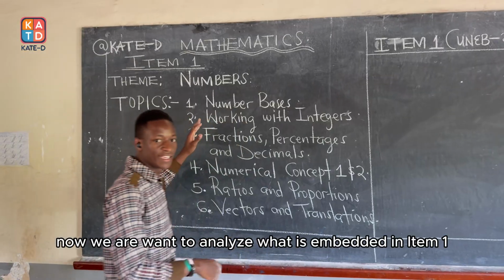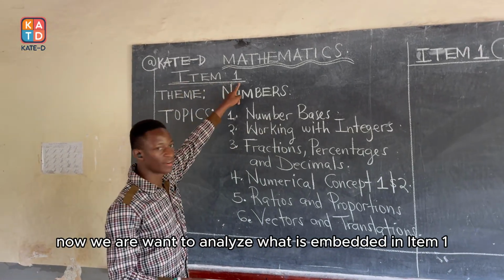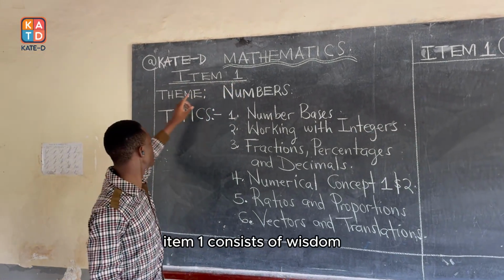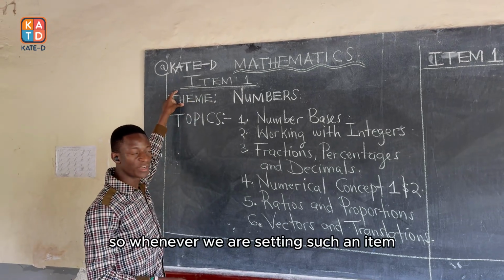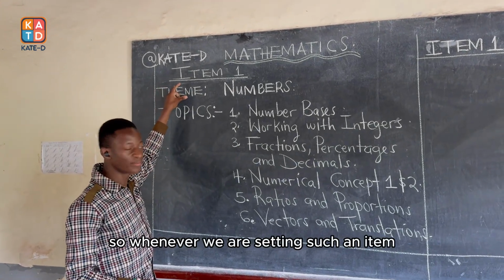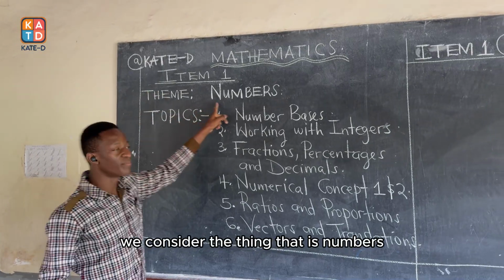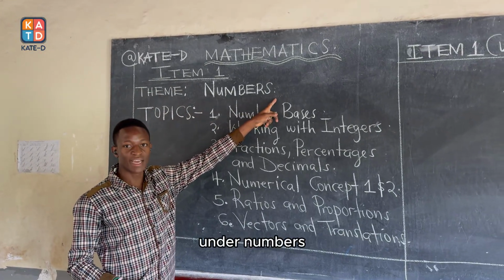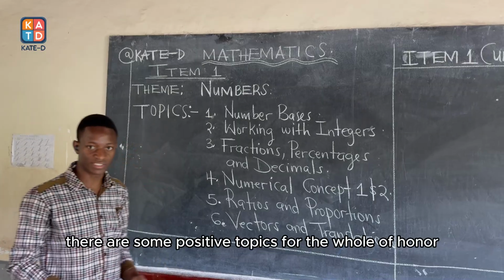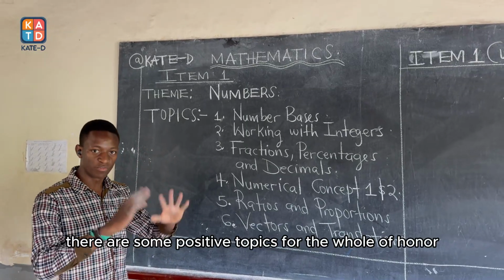Now here I want to analyze what is embedded in item 1. Item 1 consists of this theme. So whenever we are setting such an item, we consider the theme that is numbers. Under numbers, there are some considered topics for the whole of O level.